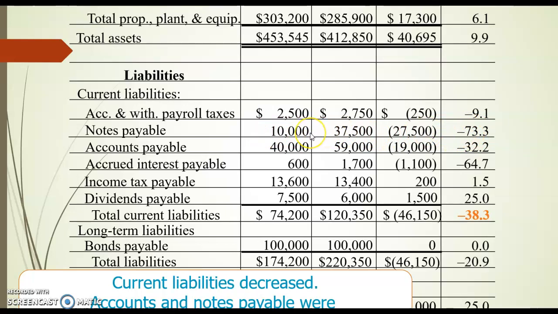We would also see on the statement of cash flows that we had paid notes off. What we would want to know is, did we pay off the notes early? Are we just paying on time? These are notes that were due and we paid them like we were supposed to.